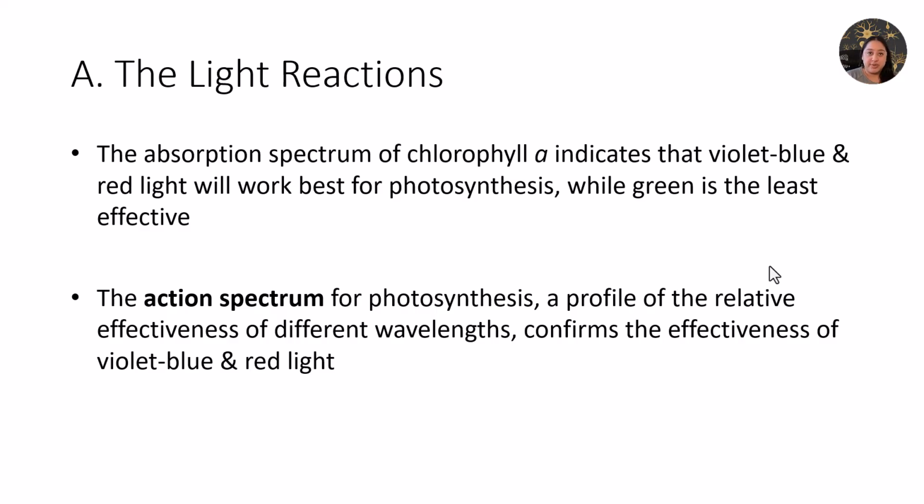The action spectrum is plotting a measure of photosynthesis with the different wavelengths. And so if we do this, it really does confirm, oh yeah, if I shine the red or violet blue light, that's going to have the most photosynthesis. It's not just a hypothesis. This has been shown.